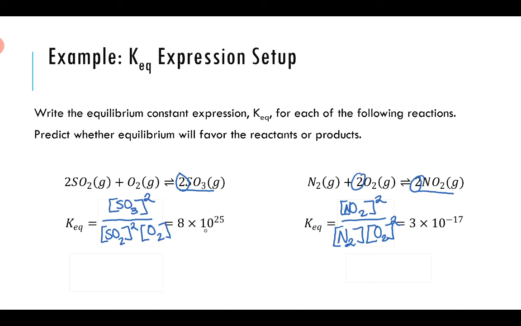All right, now let's look at the value. Since this is a positive exponent, that means that this is a large value. And so we have a very big numerator and a very small denominator. And so this one favors the products.